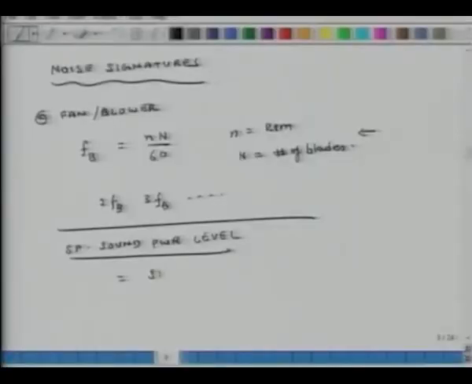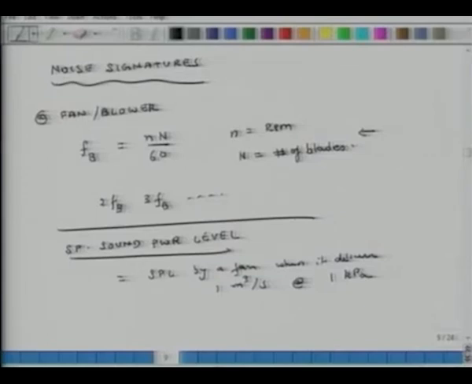So, essentially it is defined as SPL, P standing for not pressure but power, the sound power level by a fan when it delivers 1 cubic meter of air for every second at 1 kilopascal.